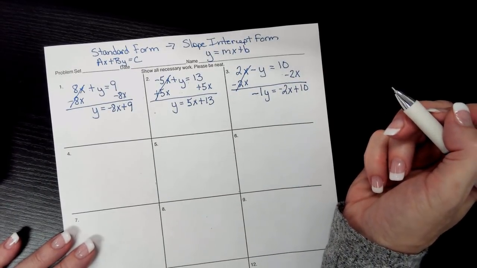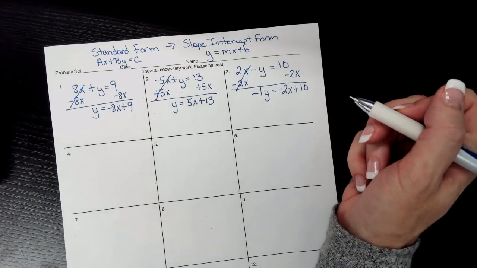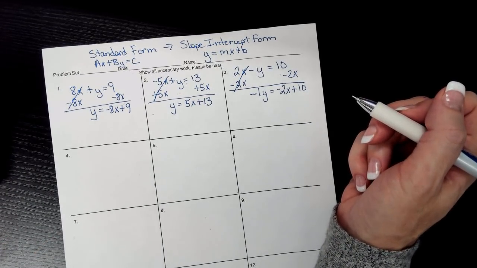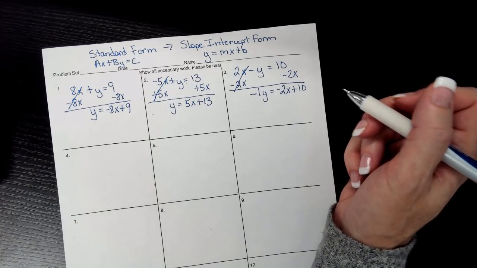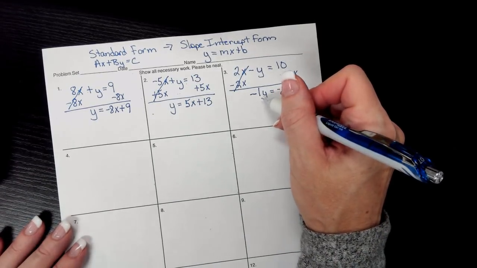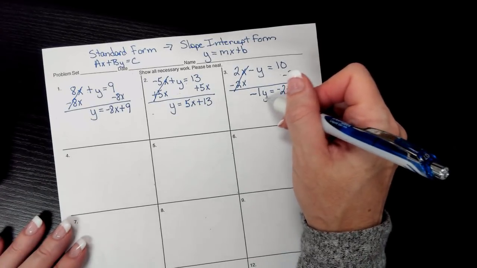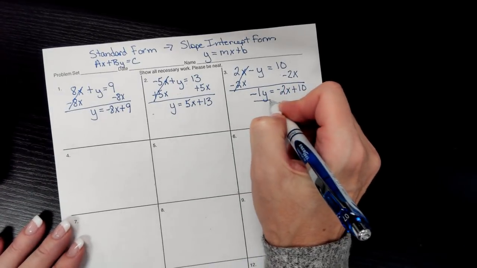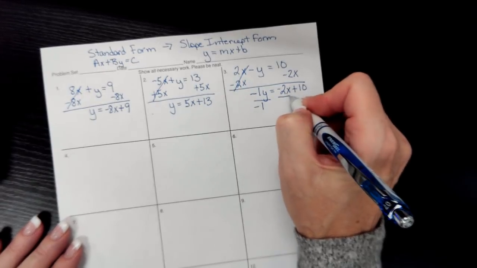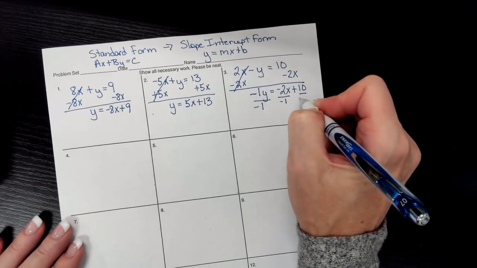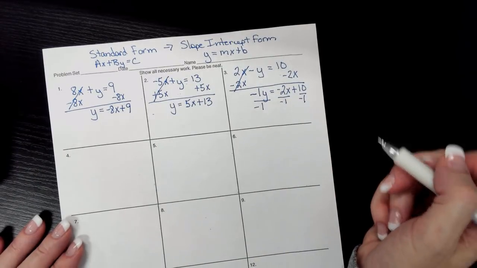Okay. Now, the rules for solving an equation: if we're solving for y, y has to be positive. I can't leave that variable negative. So I've got to take care of this. To get rid of this negative 1, this is multiplying, so I just divide. And if I divide one piece by negative 1, I divide every piece by negative 1. Okay.